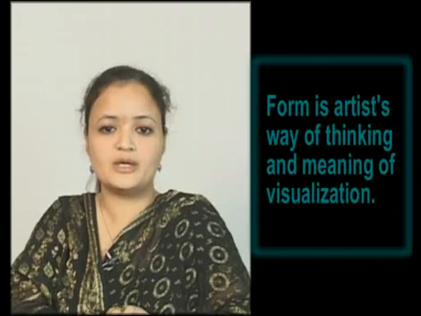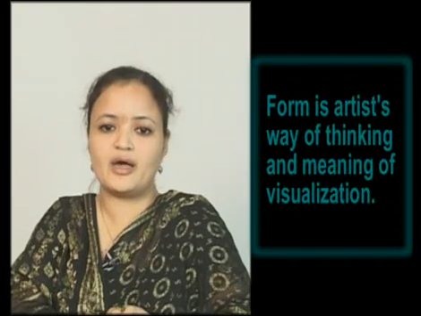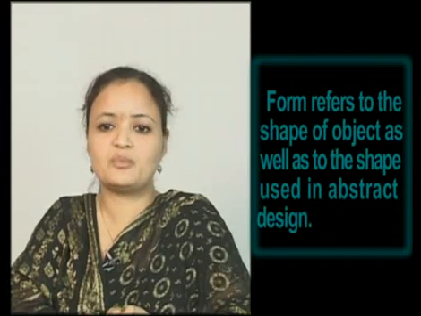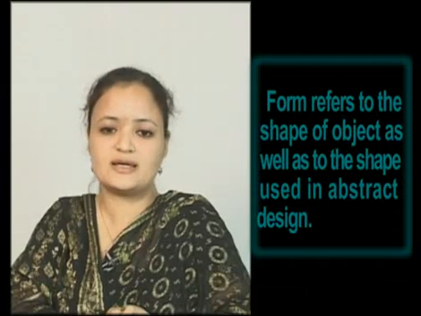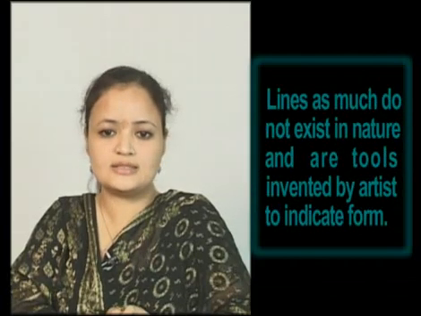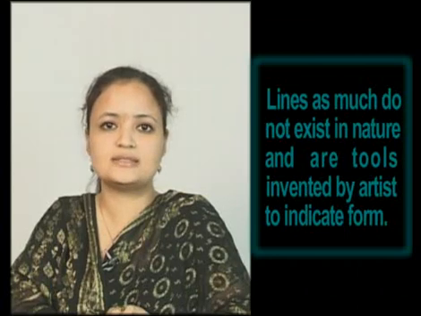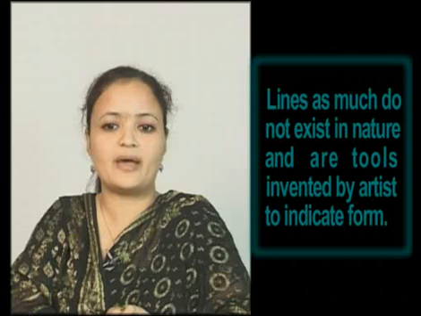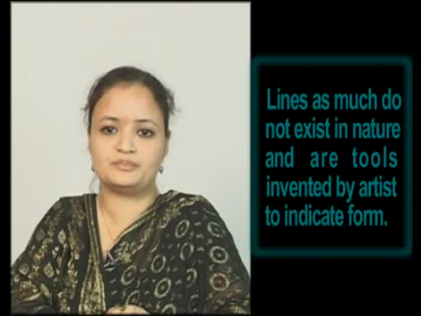Introduction. Form is the artist's way of thinking and visualization. Form refers to the shape of an object as well as to the shape used in abstract designs. Lines as such do not exist in nature and are tools invented by artists to indicate form.